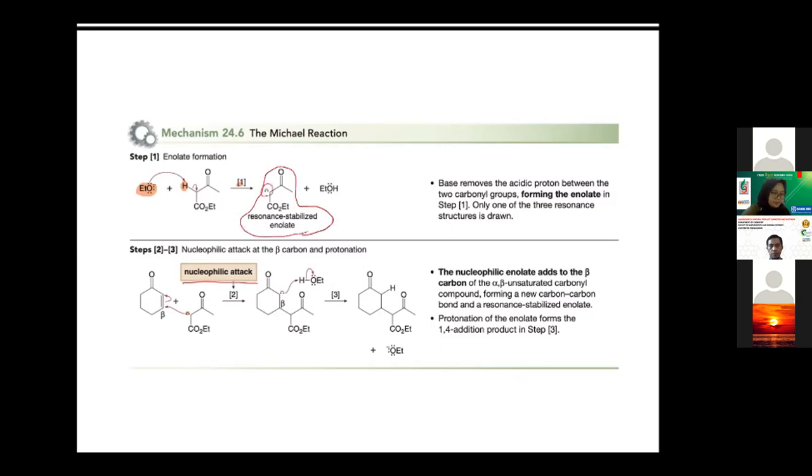The attack is the same as this one. Yes, and this one attacks the beta position, alpha, beta. We give a number starting from the carbon next to the carbonyl, and look at the nucleophilic attack on this one here.